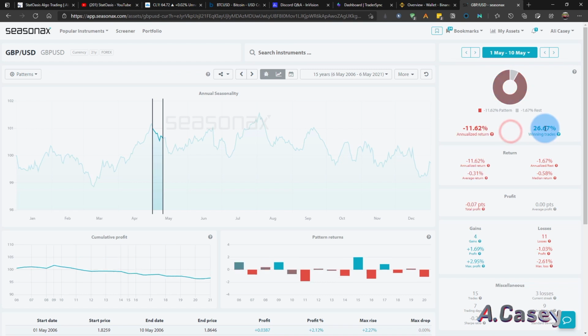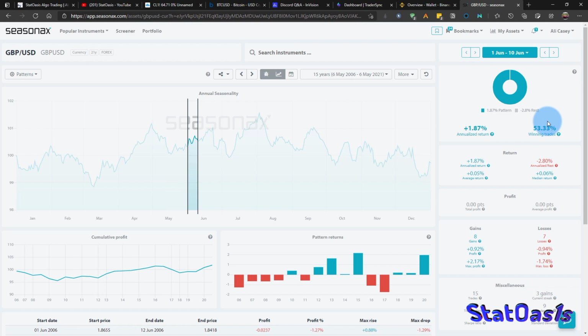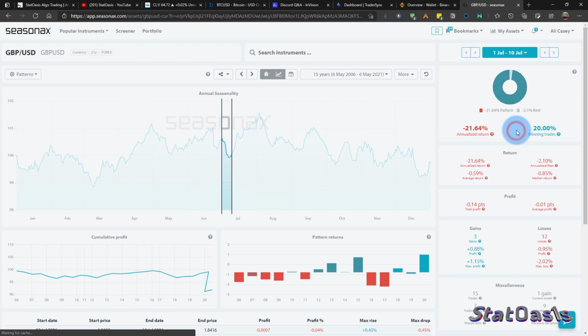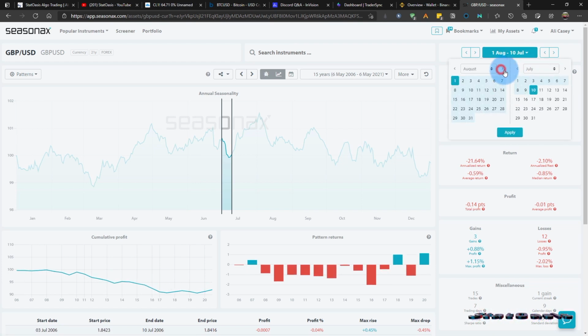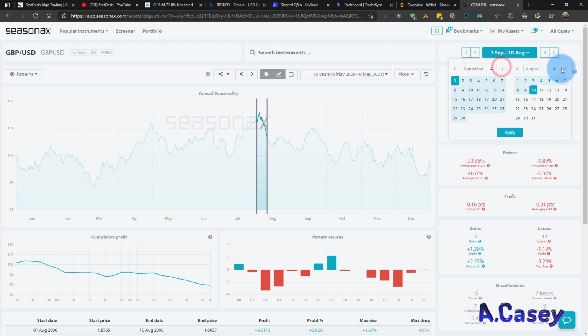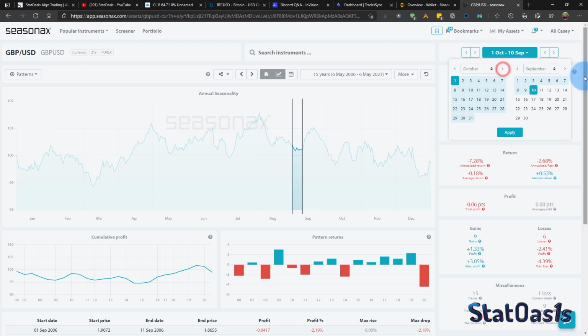Let's move forward. May is also very short dominant. June is 50-50, so that's April and June. And then July, it's down. And August, it's down. And September is up, so that's April and June at 50-50, and September has a tendency to go up.